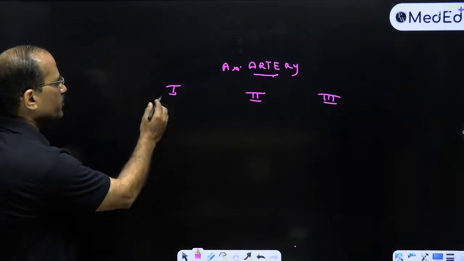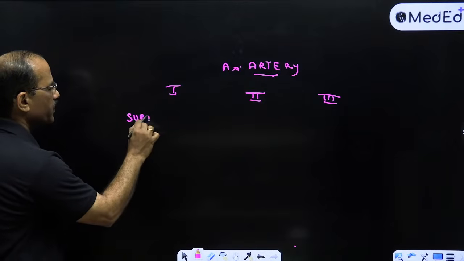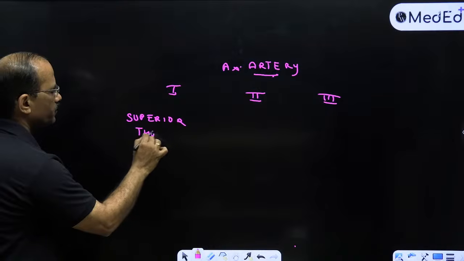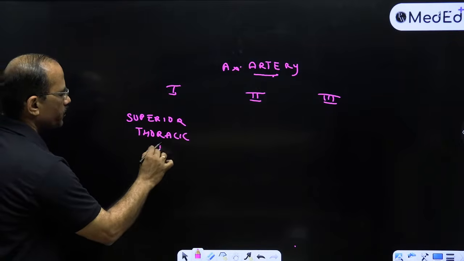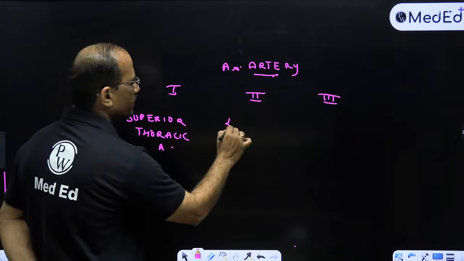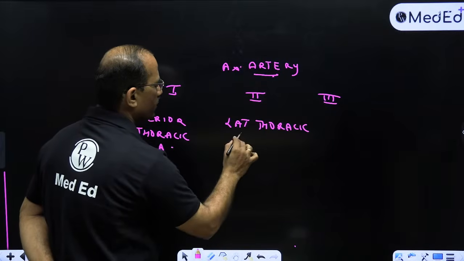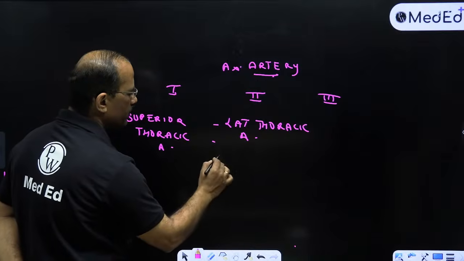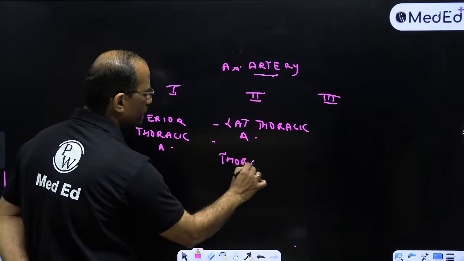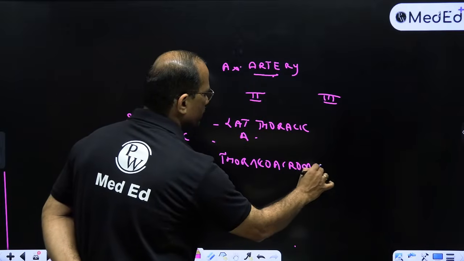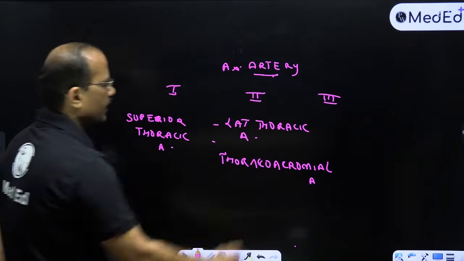So which is the branches from the first part? That's the superior thoracic artery. Second part, that's the lateral thoracic artery, and two branches, thoracoacromial artery.